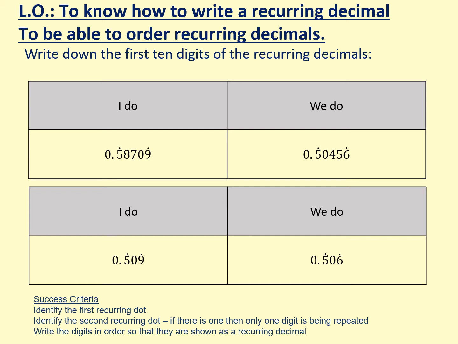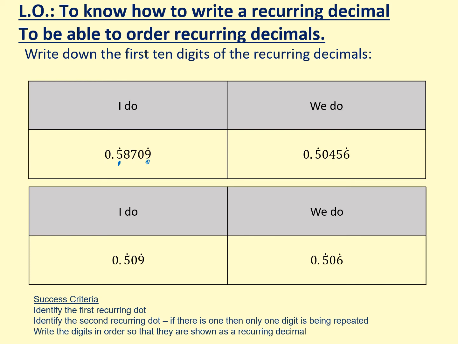So the success criteria to know how to write a recurring decimal are to identify the first dot. So in the I do question example, the first dot is above 5. Identify the second recurring dot if there is one. So I've identified the second.